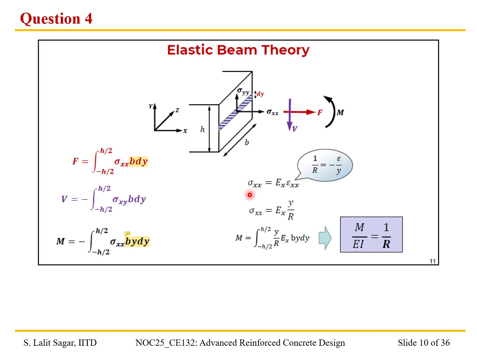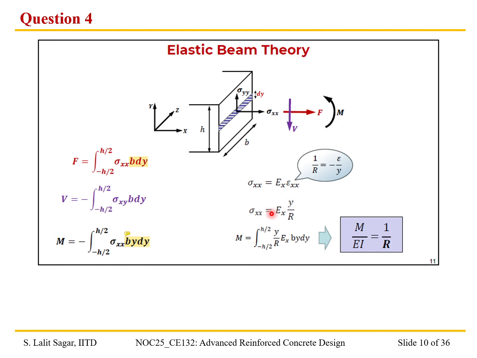We know that by Hooke's law, sigma xx is equal to E times epsilon xx, where E is the elastic modulus. And we are going to substitute this epsilon xx in terms of y, where y corresponds to the distance of the layer from the neutral axis, and r corresponds to the radius of curvature.